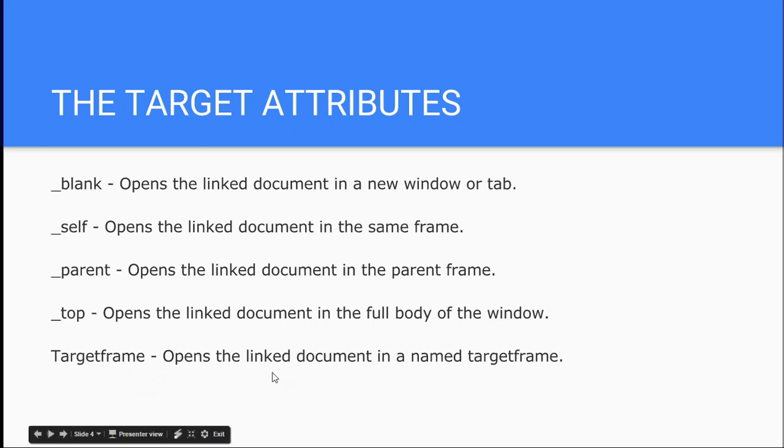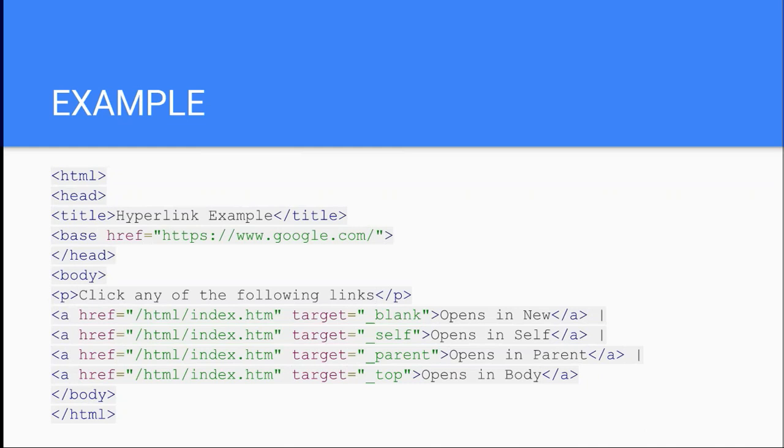It opens the linked document in a named target frame. So let us try all these target attributes in an example. Let's have a look at this. This is an example that I mentioned. Let's try to execute these to understand the differences between each and every target attribute.